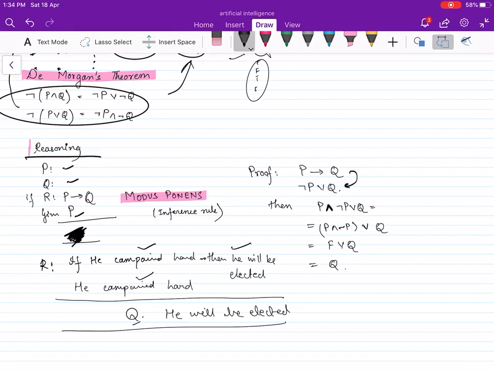So P and (not of P or Q) will lead to P and not of P, or P and Q. P and not of P is false, and false or Q. So Q can be true or false, so the or value depends on Q. So we have false or Q is equal to Q.